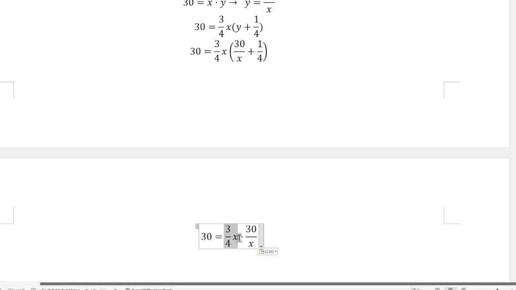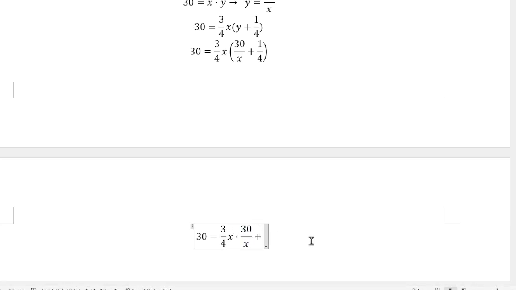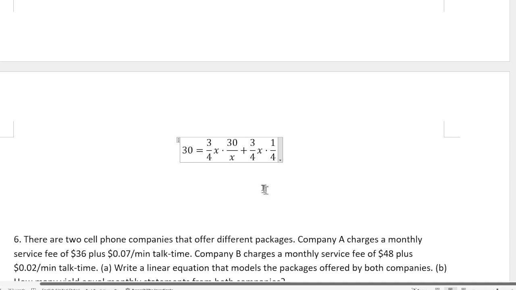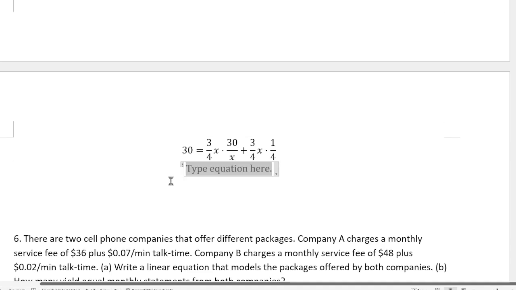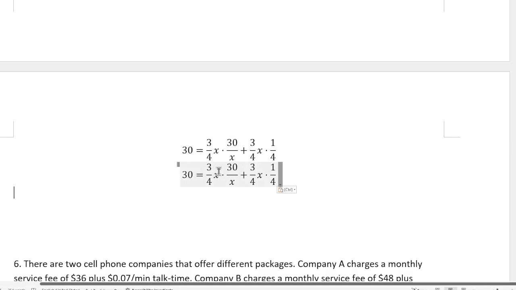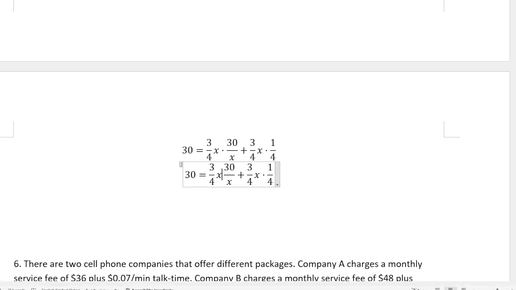You get this times 30 over x, but then plus this times 1/4. Okay. Now I like the fact that x and x cancel away. Right? So let's cancel them out, which now becomes, after x is canceled away, this just becomes times 30.